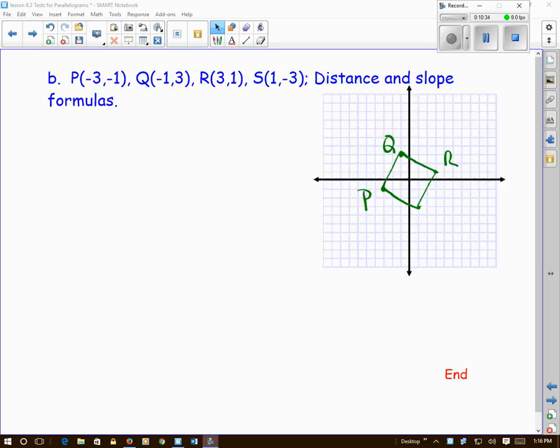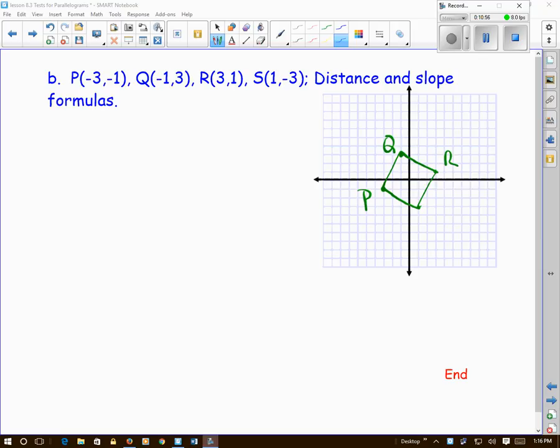This problem is telling us to determine that this is a parallelogram by using both the distance and slope formulas. So that's suggesting that we're going to show that one pair of opposite sides are both parallel and congruent. So let's do the parallel first.